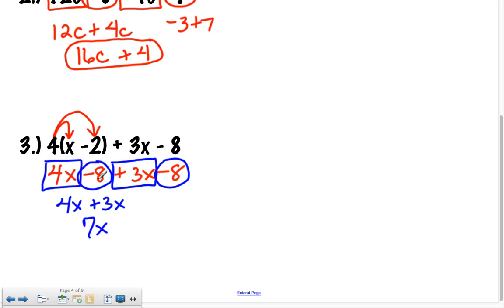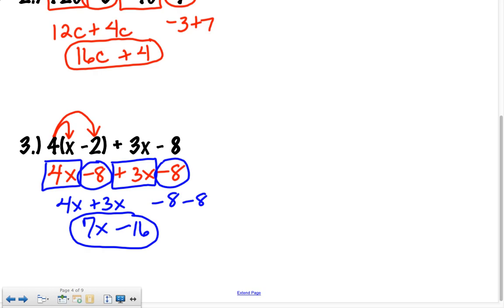And then I have negative 8 minus 8, so I'm ignoring this positive 3x for a second. So I have negative 8 minus 8, which is negative 16. You owe me $8, then you borrowed 8 more, now you owe me 16. And that is as far as you can go because, again, 16 doesn't have an x. It is still married.